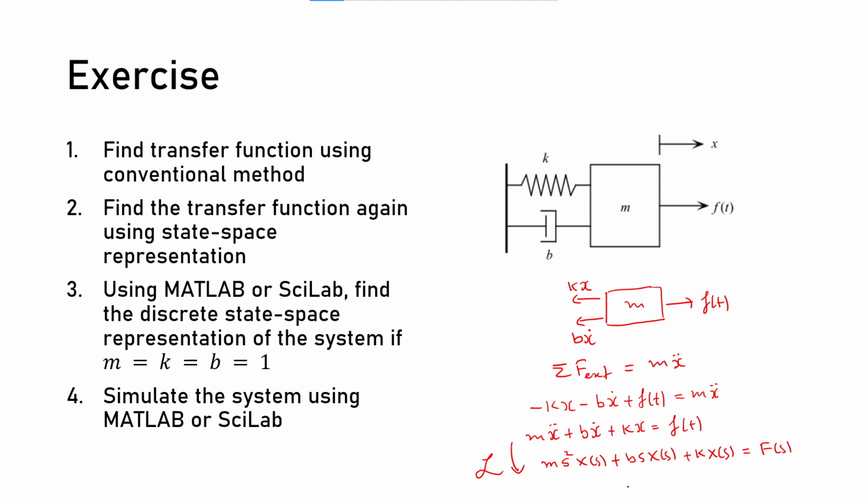Then the ratio between output H of s and F of s, which is the transfer function, equals 1 over m s square plus b s plus k.